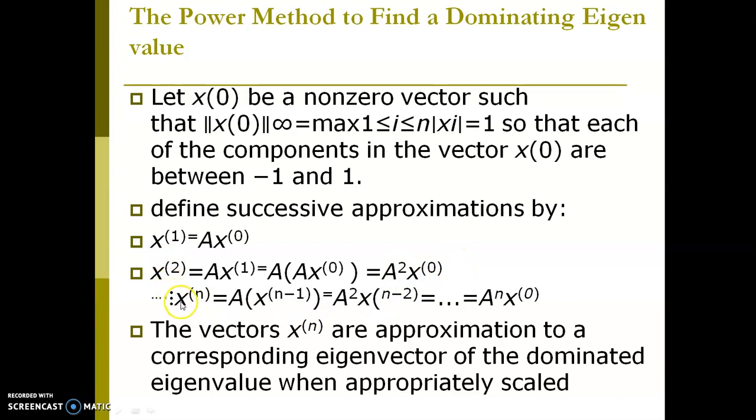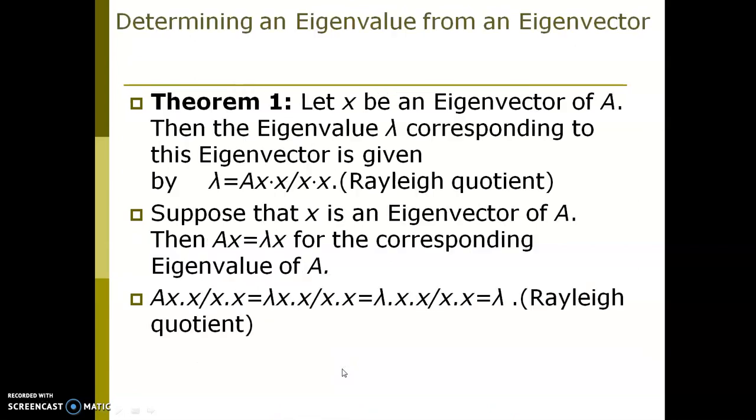If we keep on calculating up to n iterations, we finally obtain A raised to n x0, in the form of multiplication of the A matrix with the previously calculated x vector. The vectors x raised to n are approximations to the corresponding eigenvector of the dominant eigenvalue when appropriately scaled.